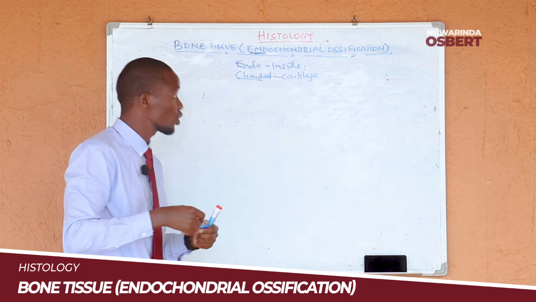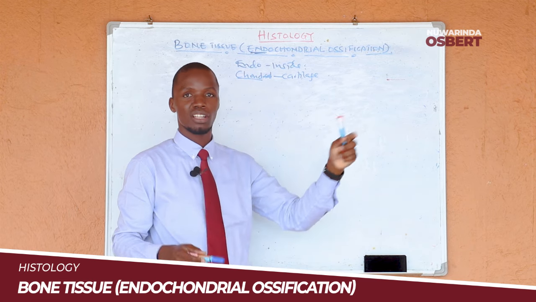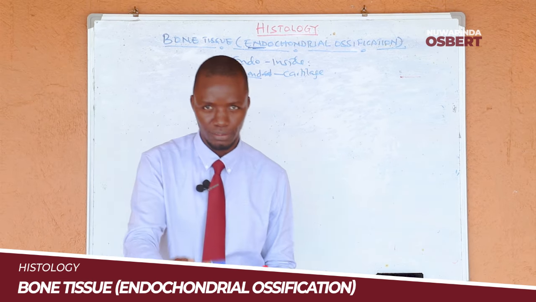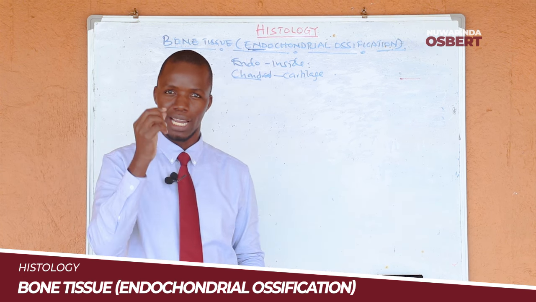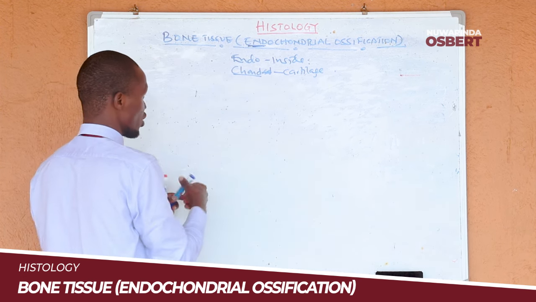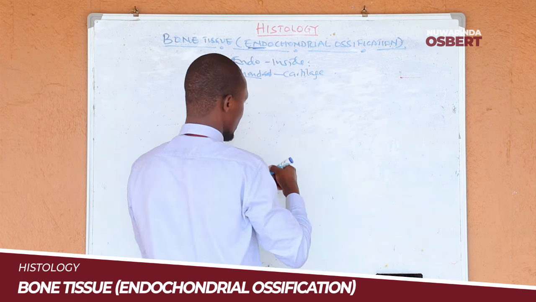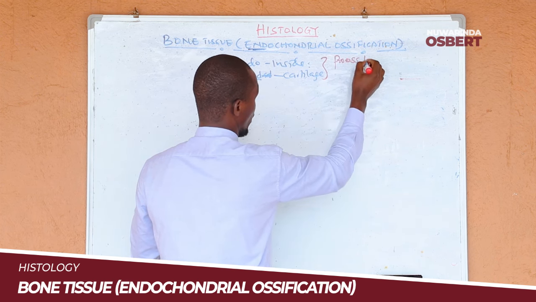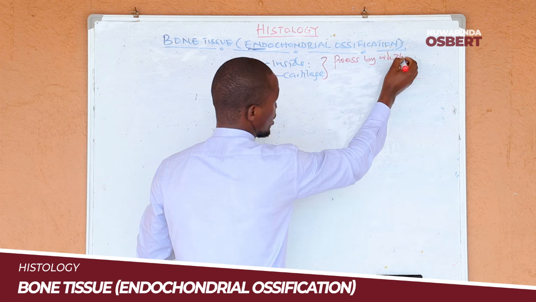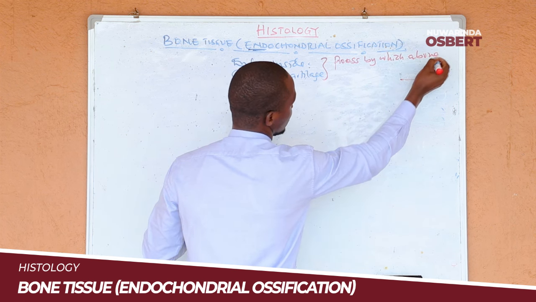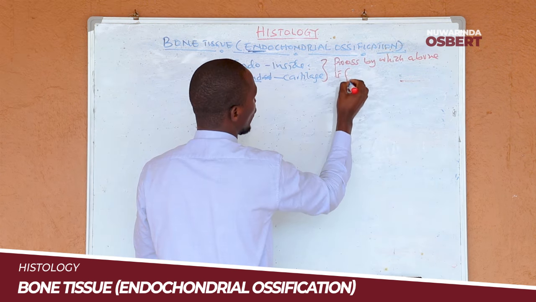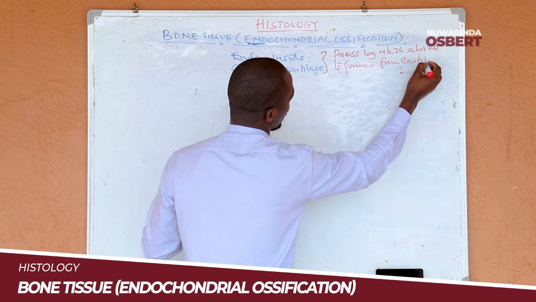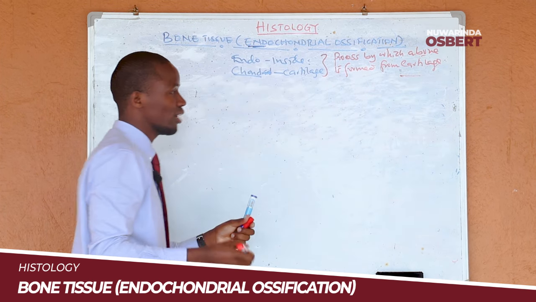So in simple terms, endochondrial ossification is a process by which a bone, in this case a compact bone, is formed from a cartilage. Or you can say a cartilage being turned into a bone.